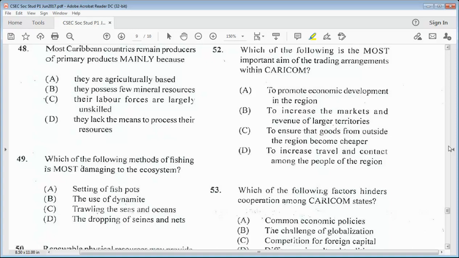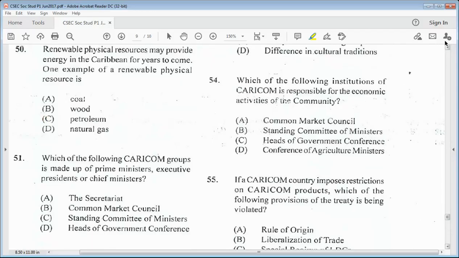We lack the means to process it. We don't have certain technological equipment to process it. As a result, we are only able to produce the primary products. So we do have raw materials, but we lack the means to process it.